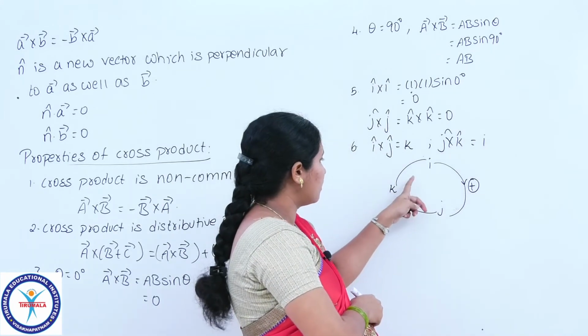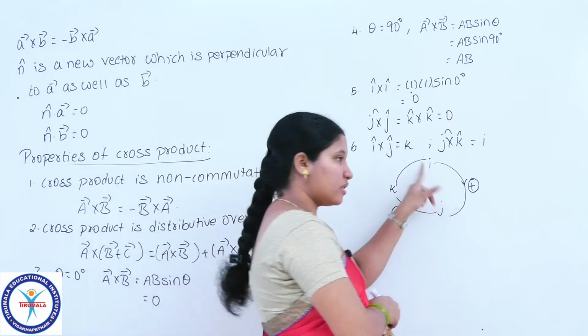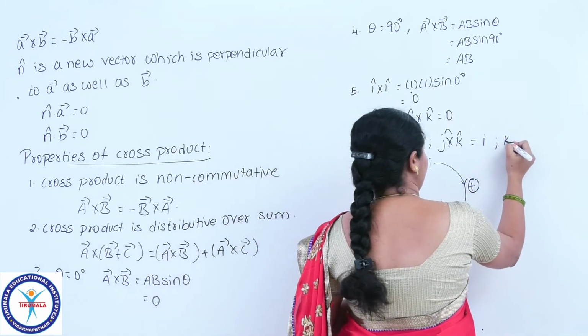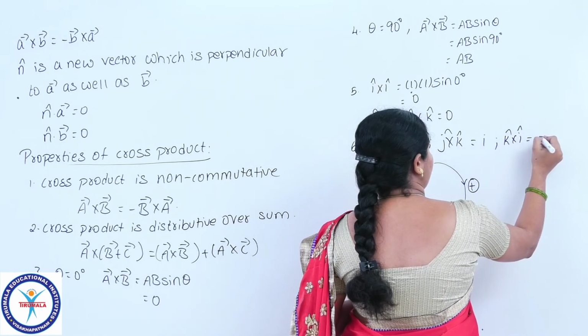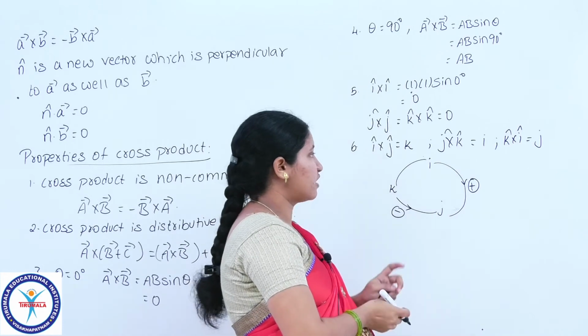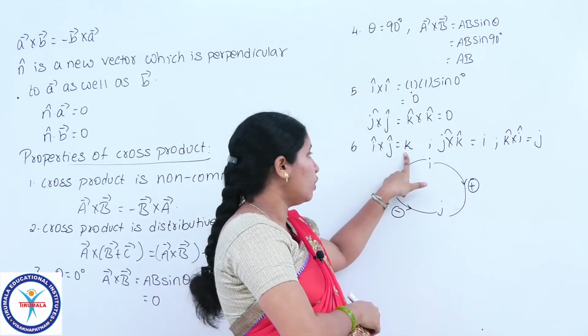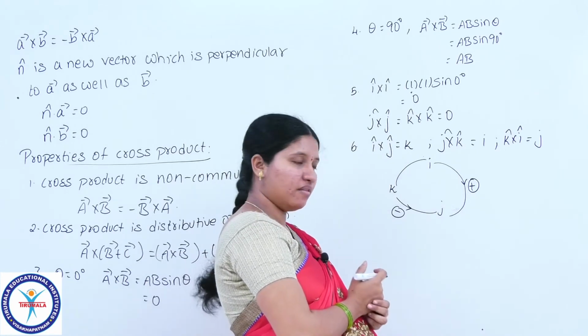And next, k cross i. k cross i is equal to j. So if we go in clockwise direction, we get positive unit vectors which are perpendicular to both the original vectors.